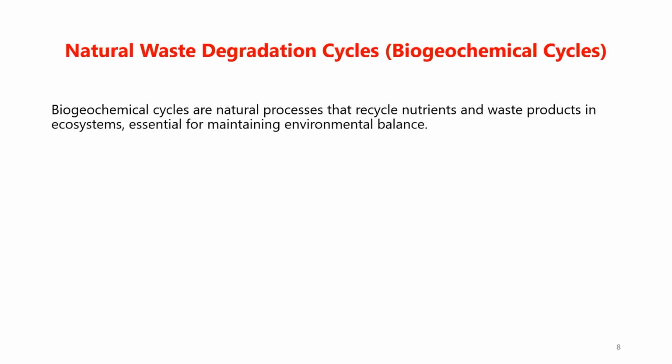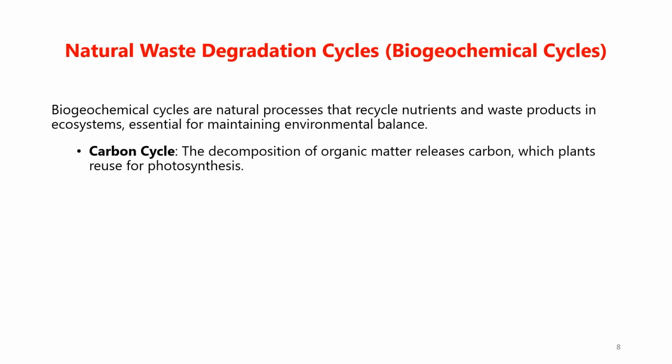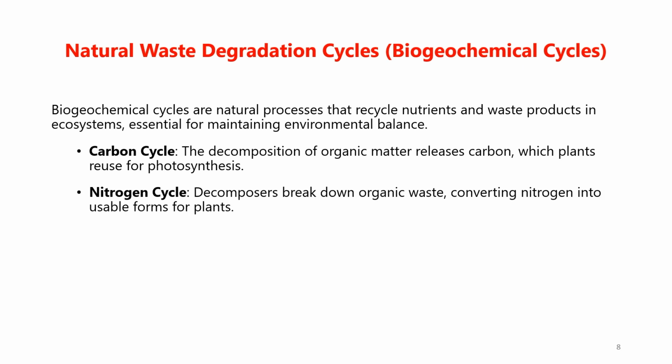So let us start with natural waste degradation cycles, or the biogeochemical cycles, which are natural processes that recycle nutrients and waste products in ecosystems, essential for maintaining environmental balance. One important cycle is the carbon cycle. The decomposition of organic matter releases carbon, which plants use for photosynthesis. Then we have the nitrogen cycle.